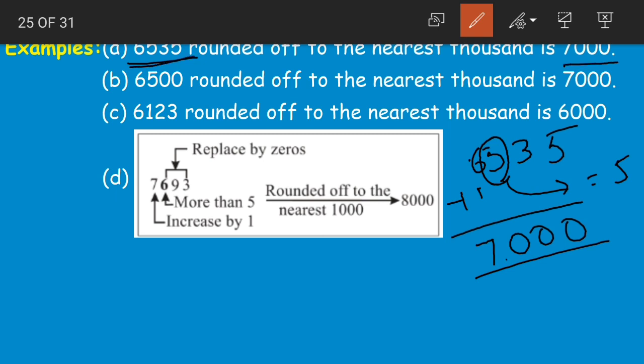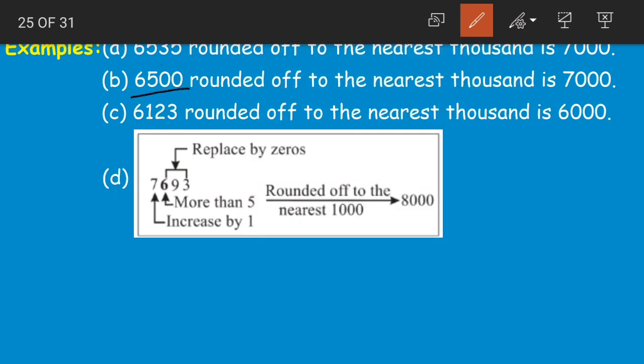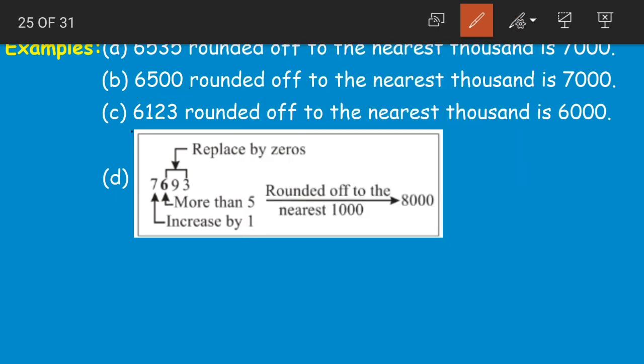It is a multiple of 1000, right? 7000. Coming to the second one, 6500. Again 5 here, it is equal to 5. So we round up. By rounding up we mean add 1 to the digit in thousands place. 6 plus 1 becomes 7, and the remaining digits become 0. So 6500 is rounded off as 7000.